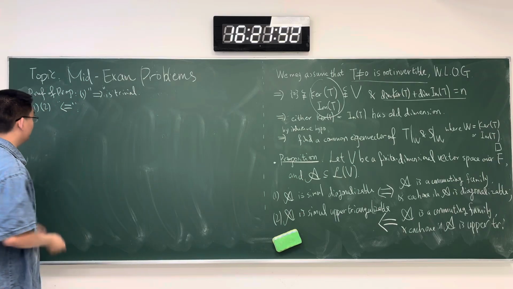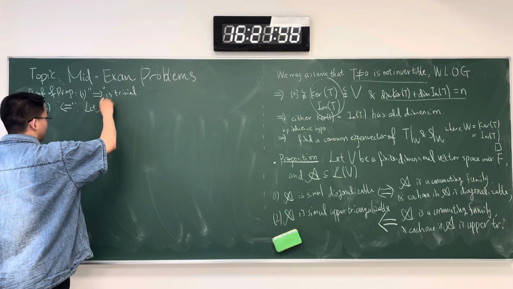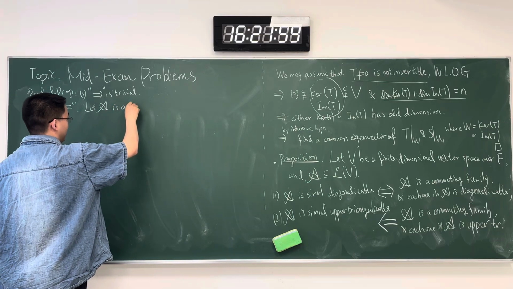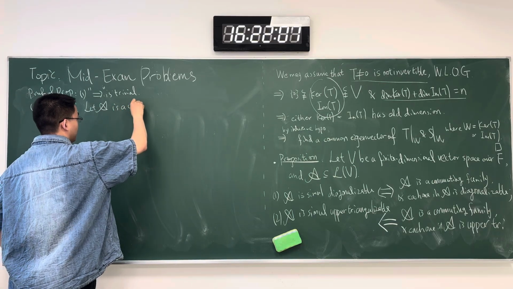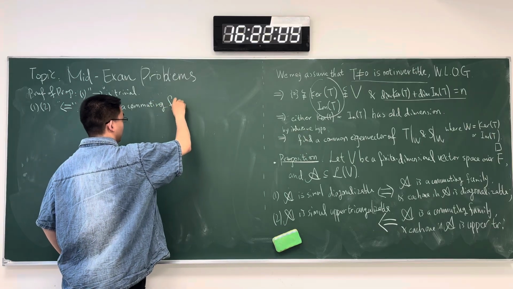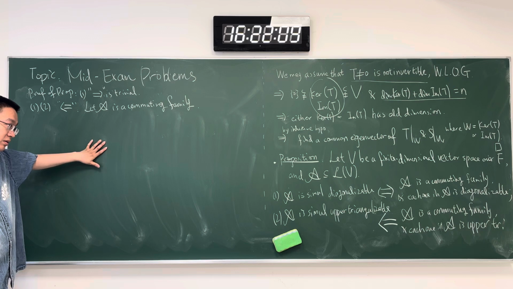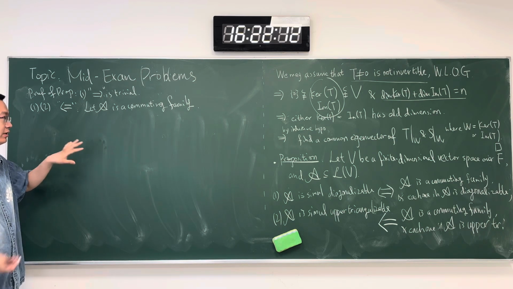So let us assume that this fancy A is a commuting family. And we also start from some trivial cases.